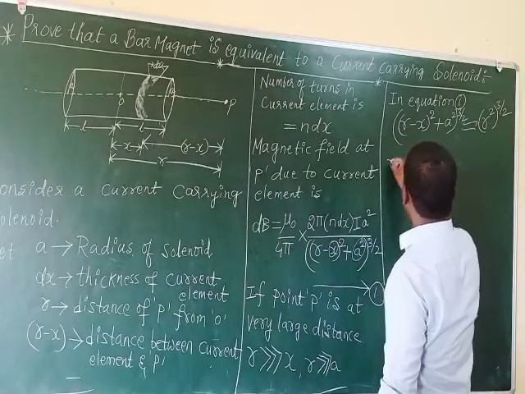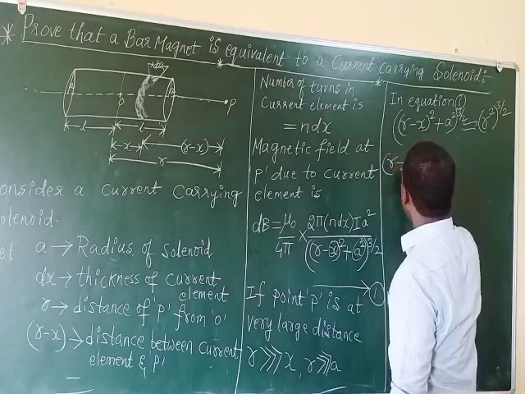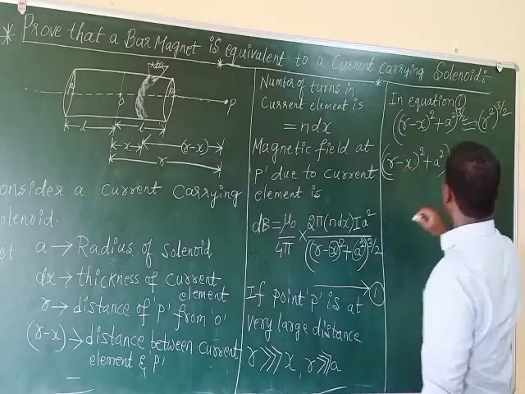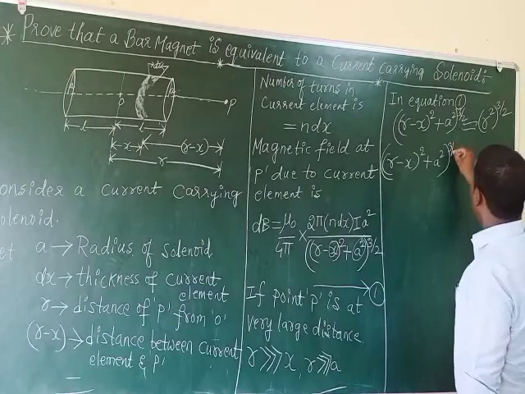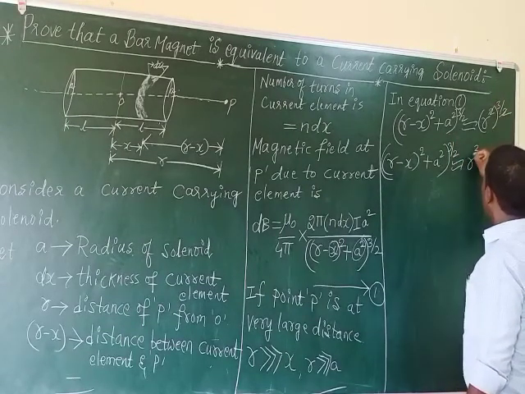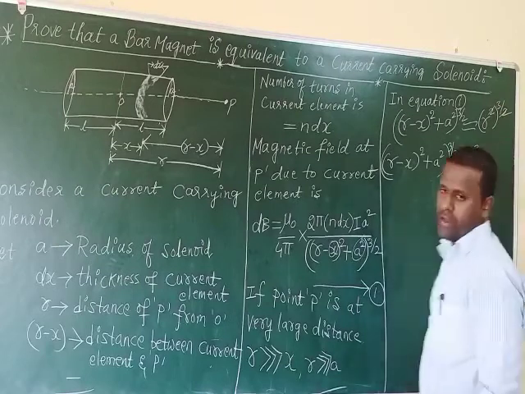So r minus x whole square plus a square, whole to the power of 3 by 2 becomes equal to r to the power of 3.